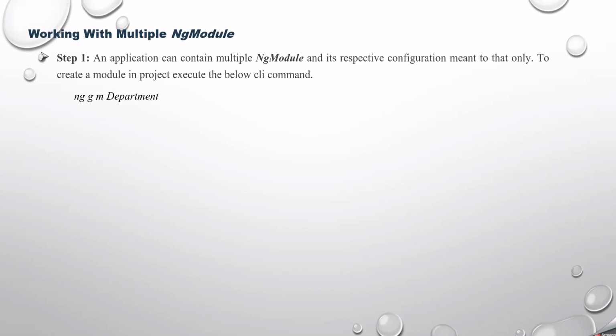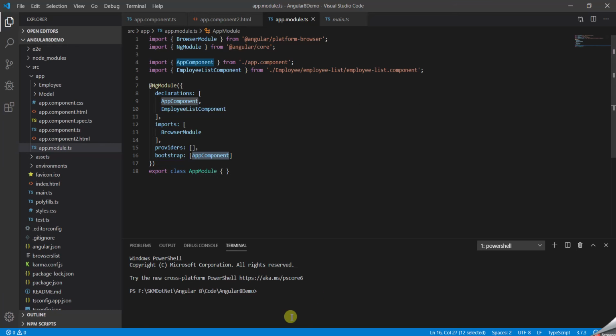To create an NgModule, we have this command: ng g m department. Let's go to VS Code. Let me create a module for you: ng, g for generate, m for module, that is the alias, or you can simply type module as well, but let me go with the short syntax. So ng g m, and here I am going to create the department module.